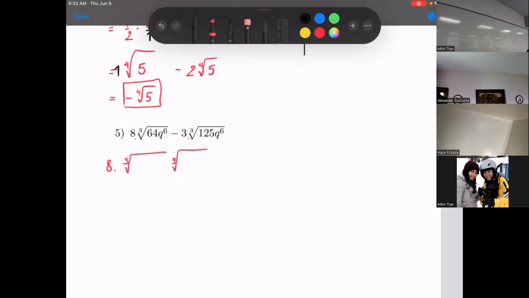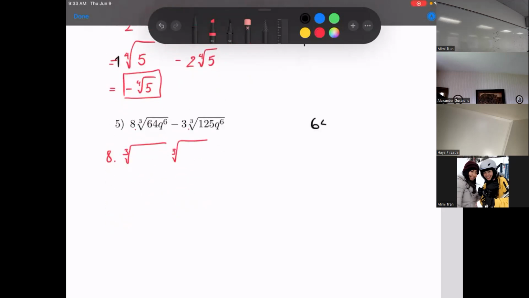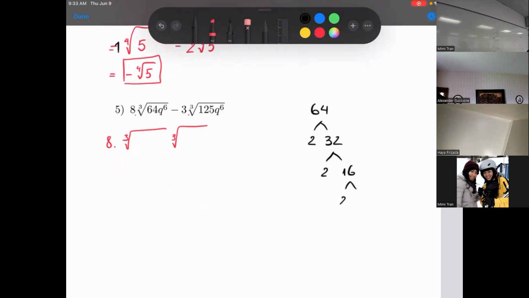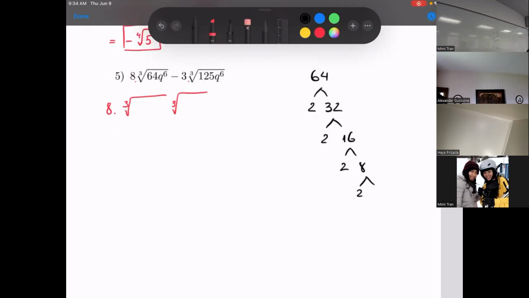If you do a little tree, let's do a little tree. 64 is 2 times 32, and then 2 times 16, and then 2 times 8, and then 2 times 4. Oh, all 2. Yeah. And then 2. How many 2s here? 1, 2, 3, 4, 5, 6. So 2 to the 6, right? So 64.